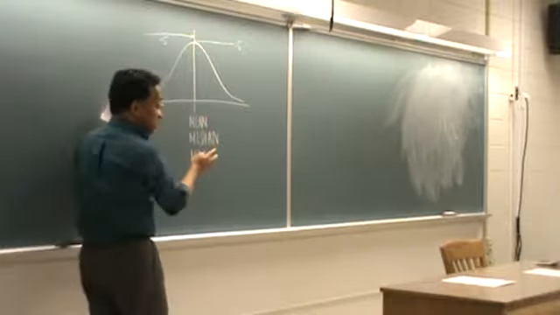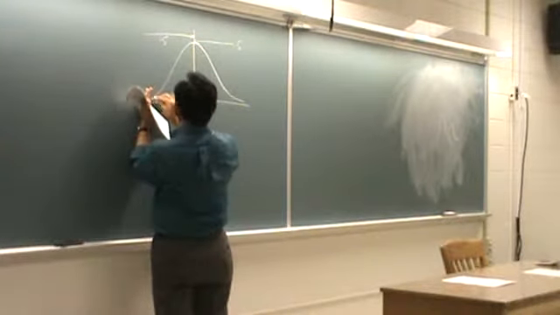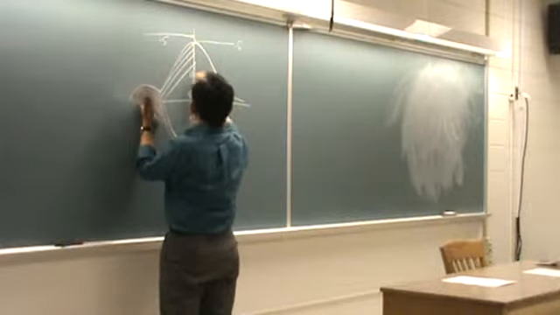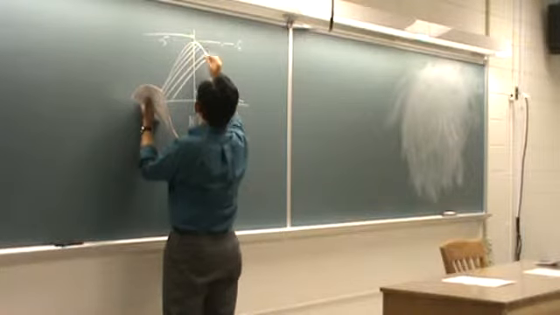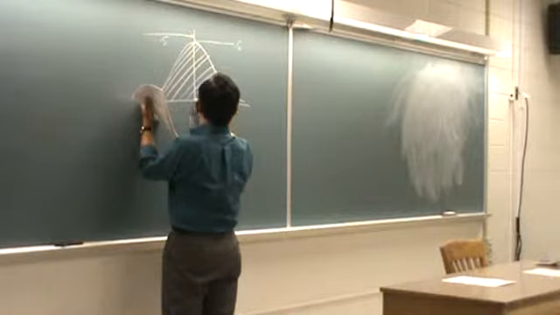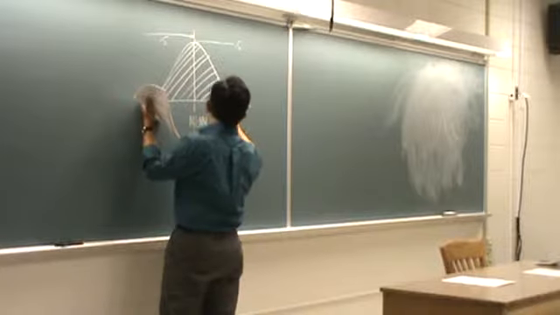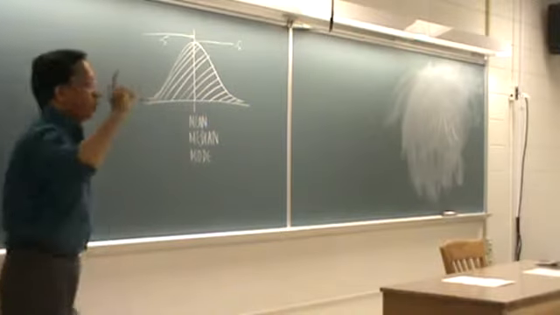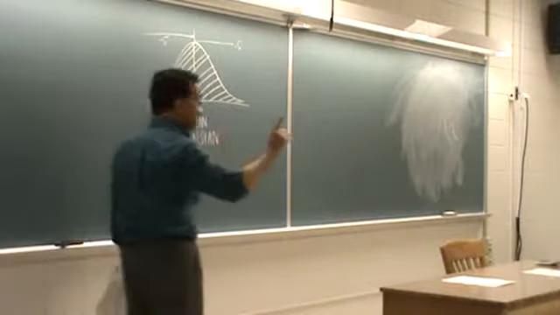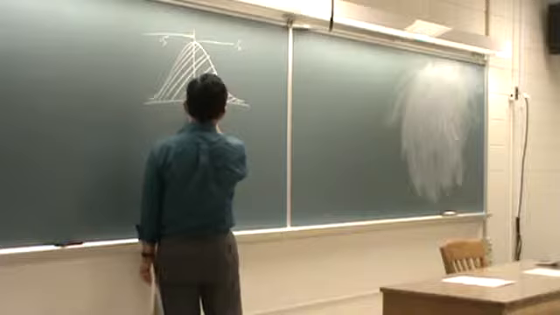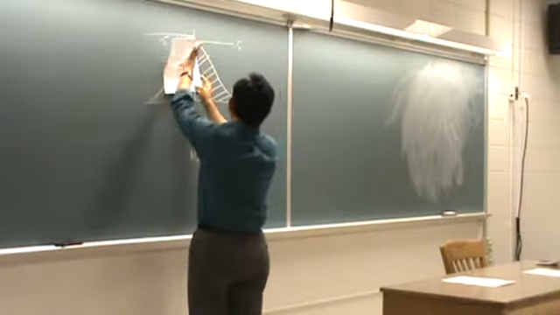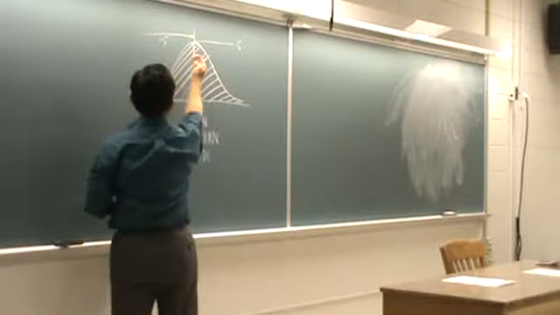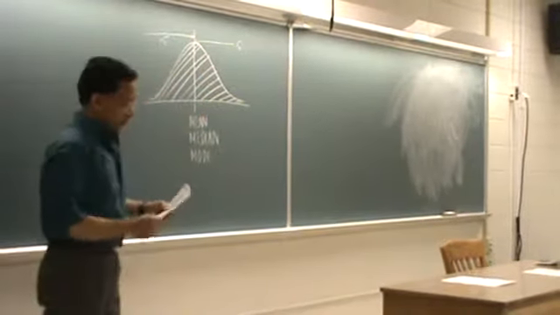Since it's a symmetrical curve, this whole area under the normal curve equals 1. If you divide it right in the middle, then half of the area is 0.5. Similarly, this half is also 0.5.